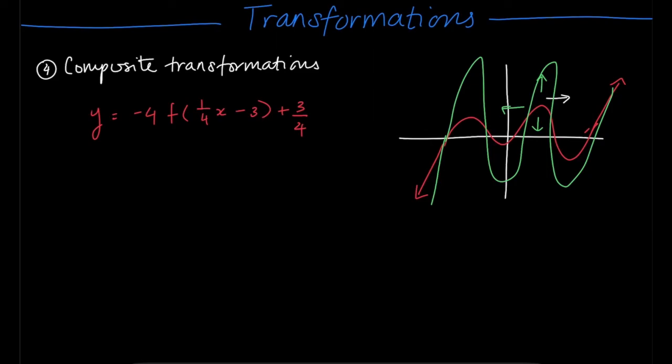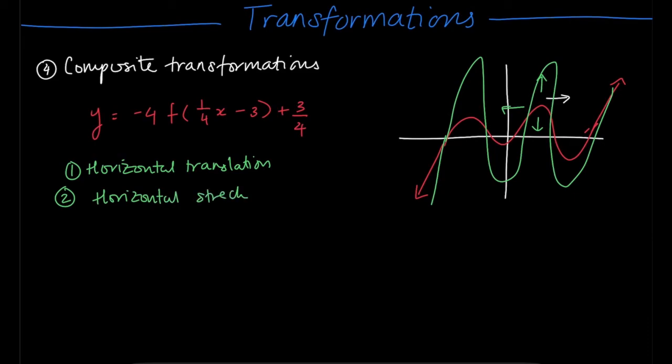Okay, so the order that I usually go with is I do first horizontal translation, then horizontal stretch, then vertical stretch, and vertical translation. So this is the order that I usually go in.